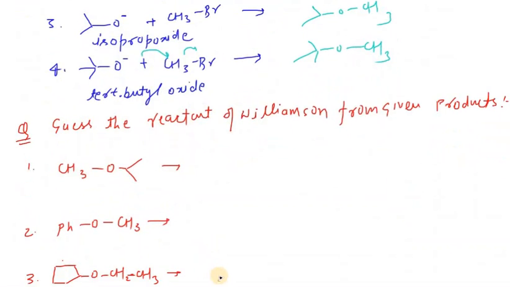Now guess the reactant. If you see the reaction, guess the reactant of Williamson synthesis from a given product. So we have the given product, and now we have to identify the reactant. When we need to identify the reactant, we know there are two cases.